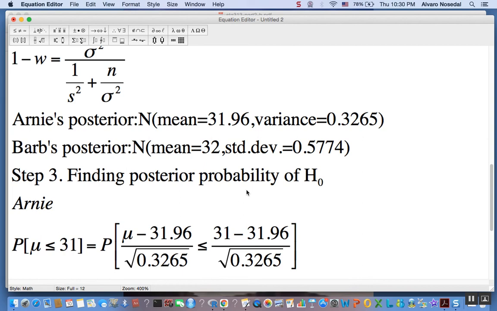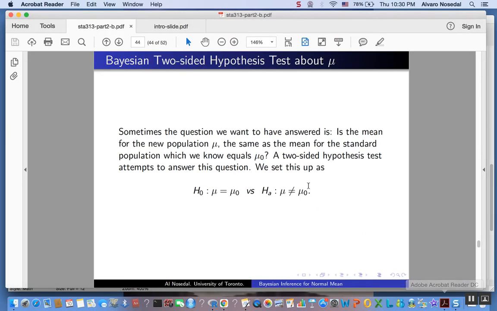But think about it, if your H naught is just 1 point and you have a continuous probability density, right? So the probability of a single point is 0. So you can't find the probability of this single point, right? So how do you go about testing a two-sided alternative from a Bayesian perspective?